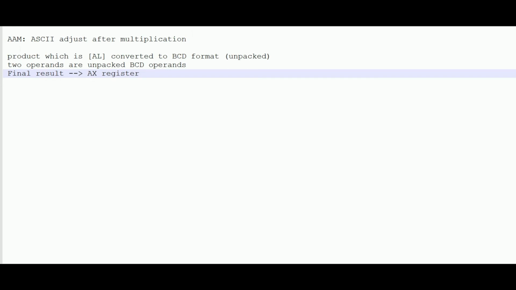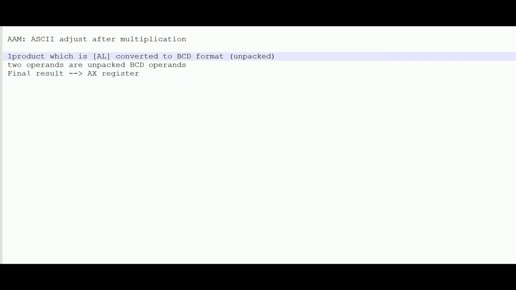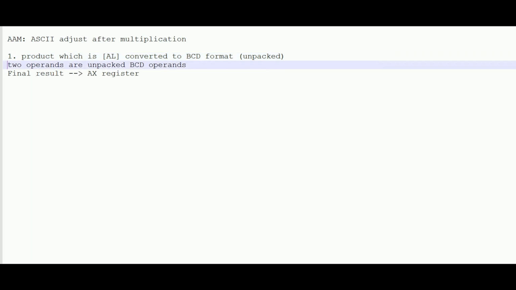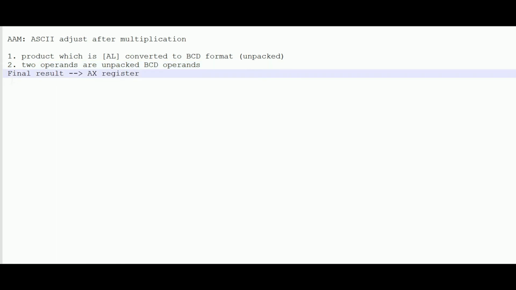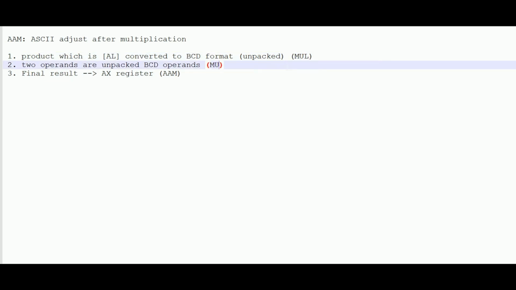So these are the 3 points pertaining to the AAM instruction. The first point is the product which is already there in AL is converted to BCD format, the two operands which I provide to the multiplication instruction are unpacked BCD operands, and the final result is stored in the AX register. This is done after your AAM instruction is executed, whereas for the other two cases, this is for your MUL instruction. Let us understand one example so that things become much clearer.